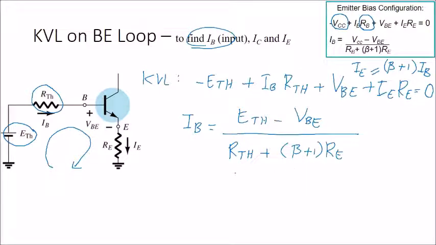So this is the value for IB. To find IC, we can just use the equation IC equal to beta IB. And for IE, we can use the equation IE equal to beta plus 1 times IB. This is the analysis for the BE loop.